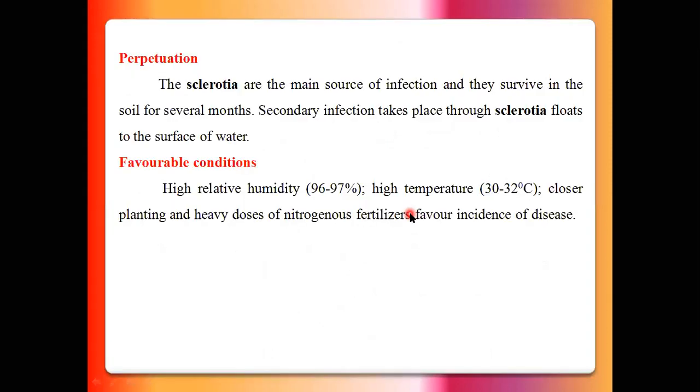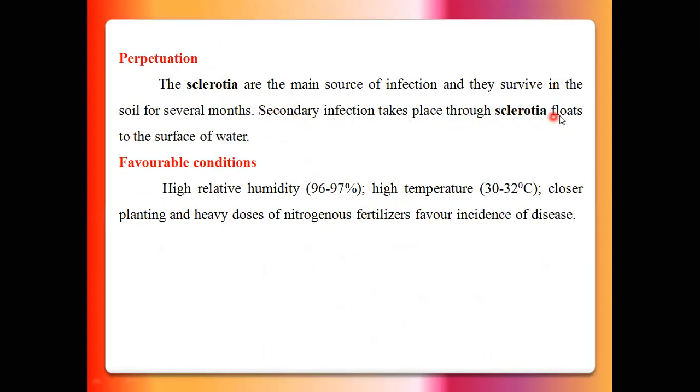Then perpetuation means the sclerotia, generally found in fallen or infected plant parts, so debris in the soil. The disease is produced from this sclerotia, which survives for several months in the soil or in the infected plant parts, and secondary infection takes place through sclerotia.